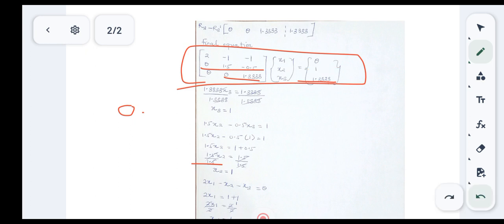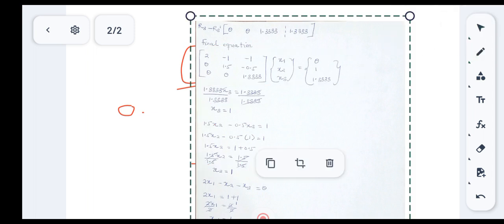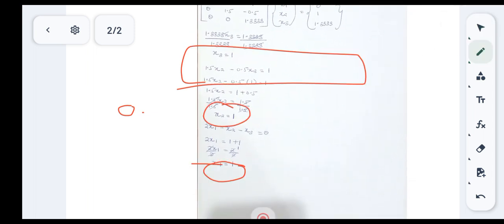So when you do that, that is done. We find that x3 is 1, x2 is 1, and x1 is also 1. Okay, thank you very much.